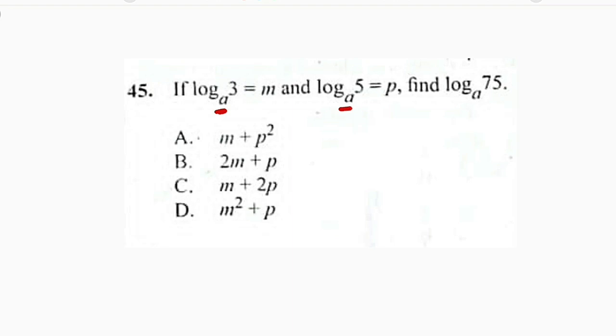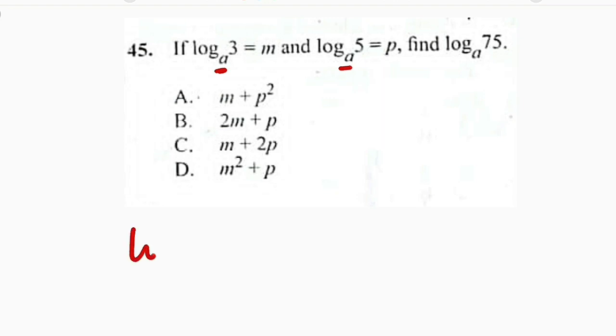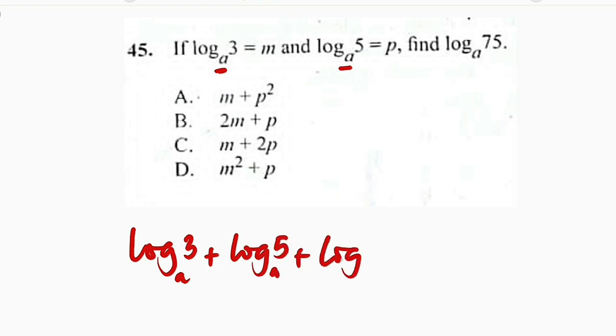What I have observed is if I multiply 5 by 5, I'm going to get 25, and 25 times 3 is equal to 75. So I can write this as log of 3 base a plus log of 5 base a plus log of another 5 with the base a.